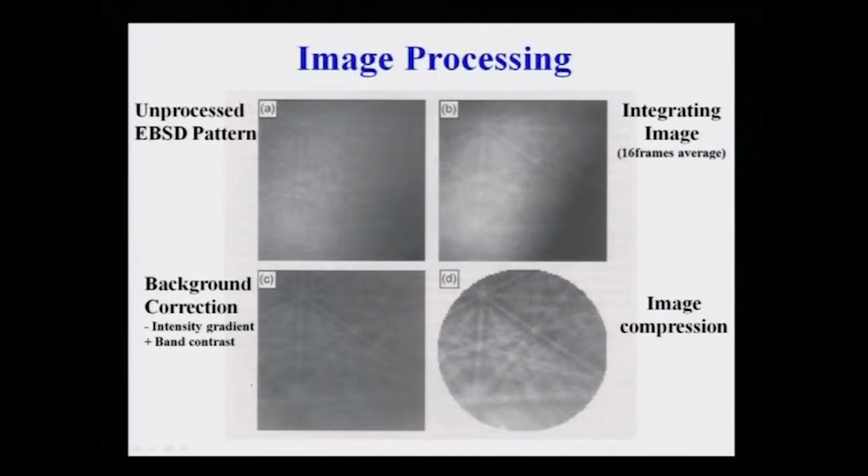Then we correct the background intensity, so that the band contrast increases, and in many cases images are compressed to get even better clarity of the bands. These are all routinely done in the computer. One need not bother about it while doing the experiments, but you must know that these are required to obtain a good quality EBSD pattern.